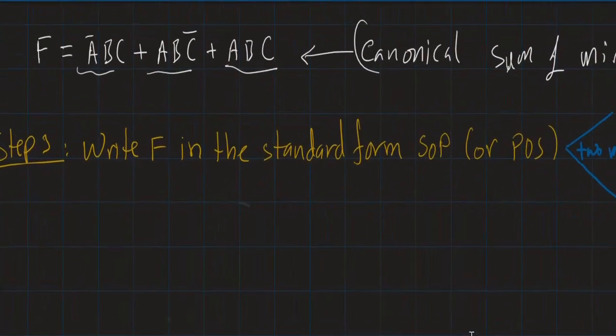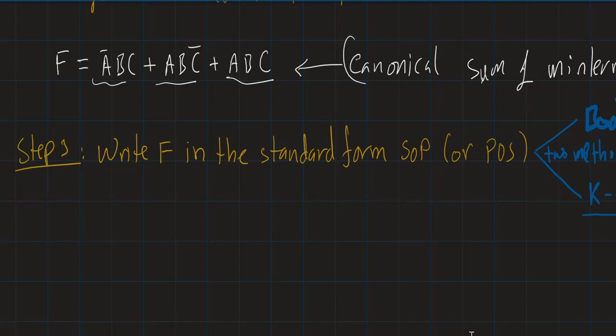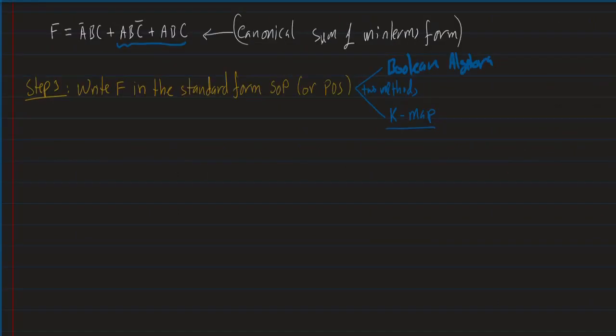Okay, so I'm going now to simplify this term using Boolean algebra. To simplify f to the standard form, we note first that we can take AB as a common factor, so I have A bar BC plus I have AB, and then this is ANDed with C or C bar, which is 1.